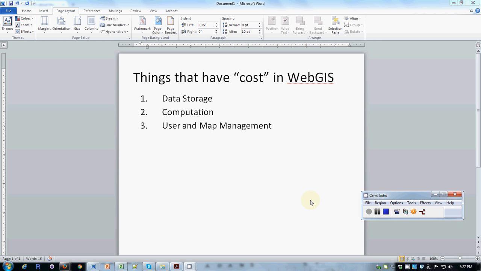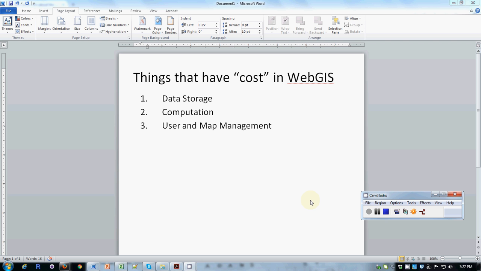And a third thing that has a cost that has to be considered by someone looking to use WebGIS is the ability to manage users and maps and establish privileges.